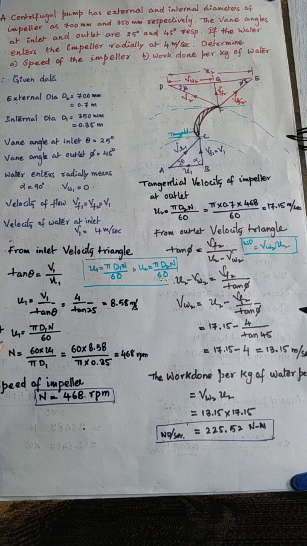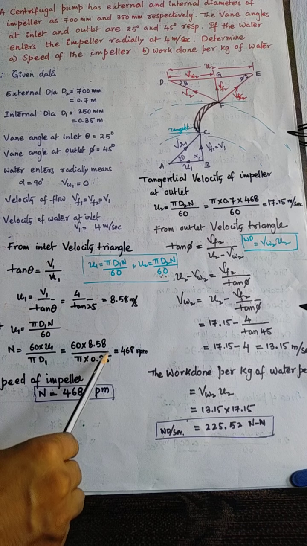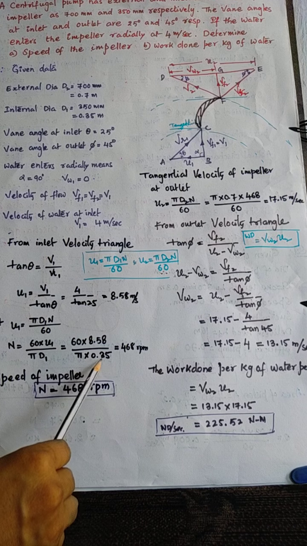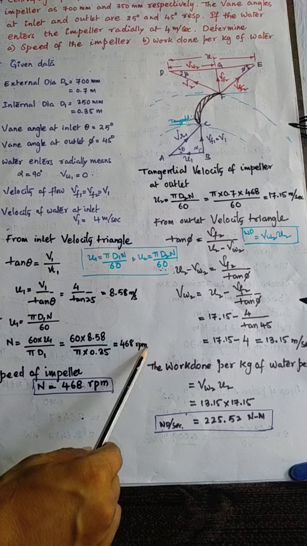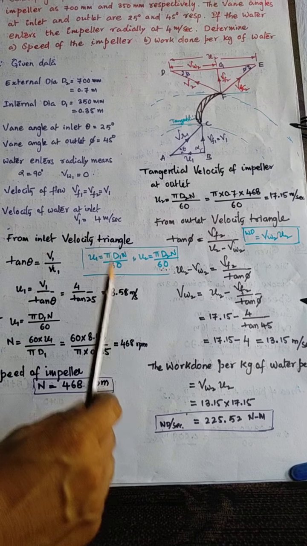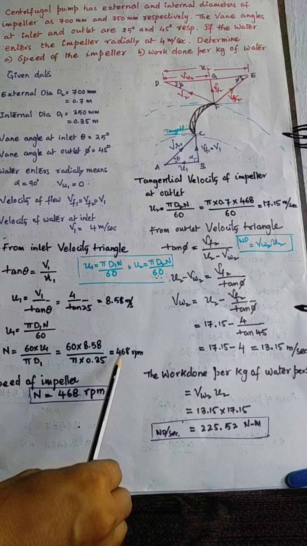So n is equal to 60 into u1 by pi d1. By substituting the u1 value and d1 value, 60 into 8.58 by pi into 0.35, you will get 468 rpm, revolutions per minute.